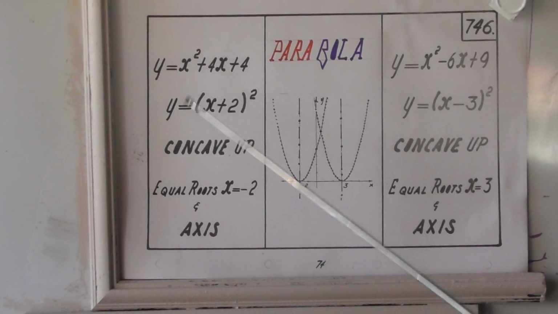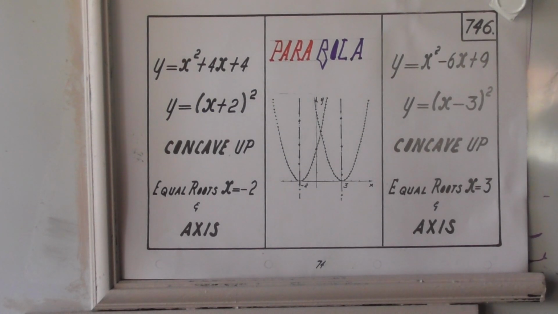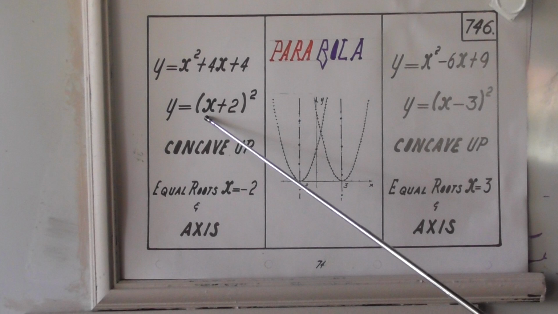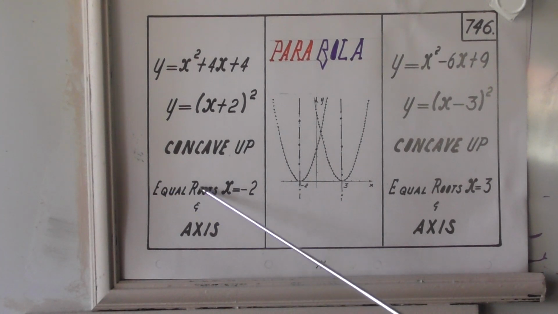Positive 1 means there is a positive coefficient. That means the parabolas are concave up. There are equal roots.